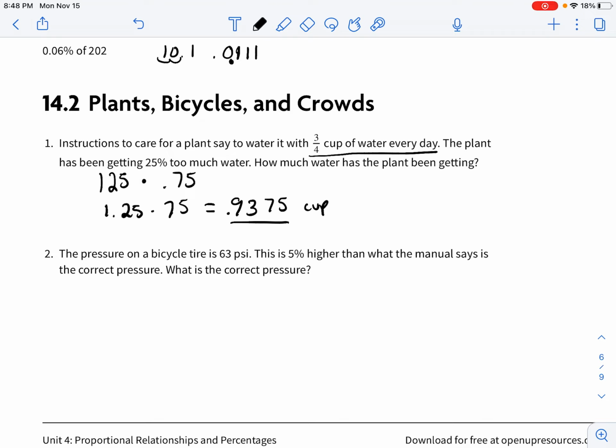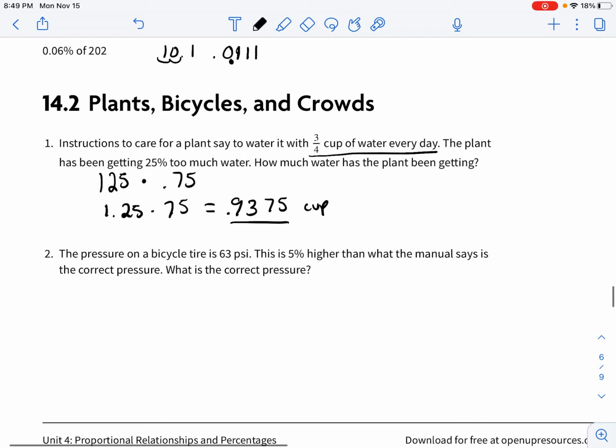Okay, the next one says the pressure on a bicycle tire is 63 psi. This is 5% higher than what the manual says is the correct pressure. What is the correct pressure? Once again, it's 5% higher, so that would be 105%.